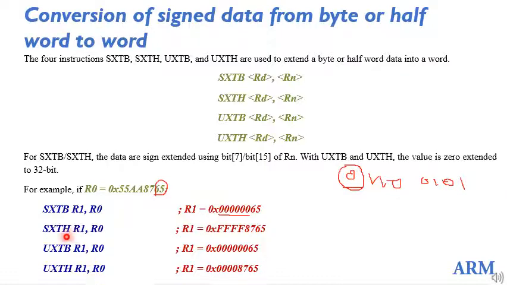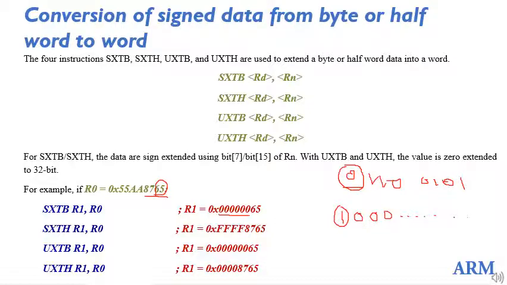Next example is SXTH R1 comma R0. So here you are going to sign extend the half word. In R0 the half word is 8765. Now if you convert this to binary, bit number 15, the most significant bit of this, will be 1. 8 is 1000, so it is 1, right?